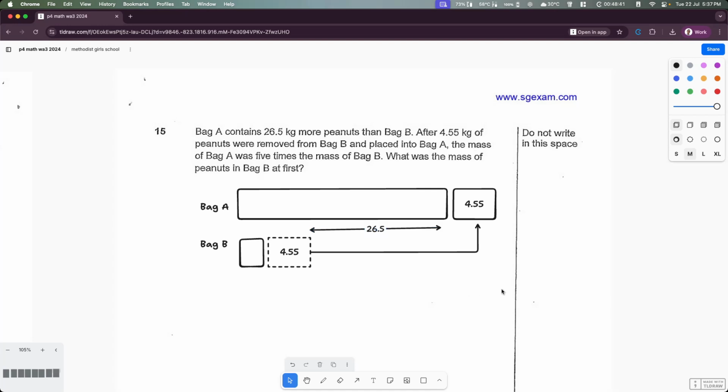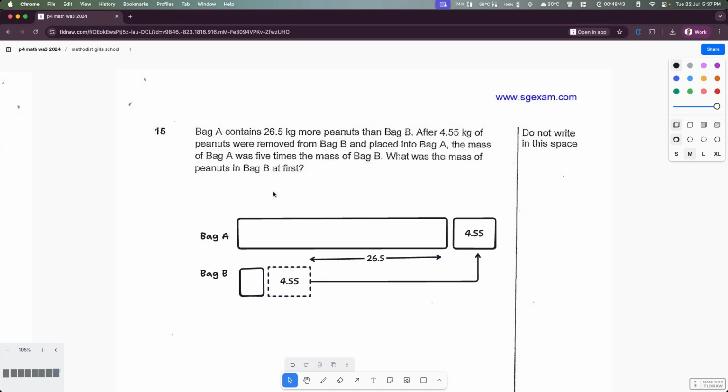So what this means is, let me put an arrow over here, not a line but an arrow. I don't want it to be joined like that. So essentially this is 5 units and this is 1 unit.